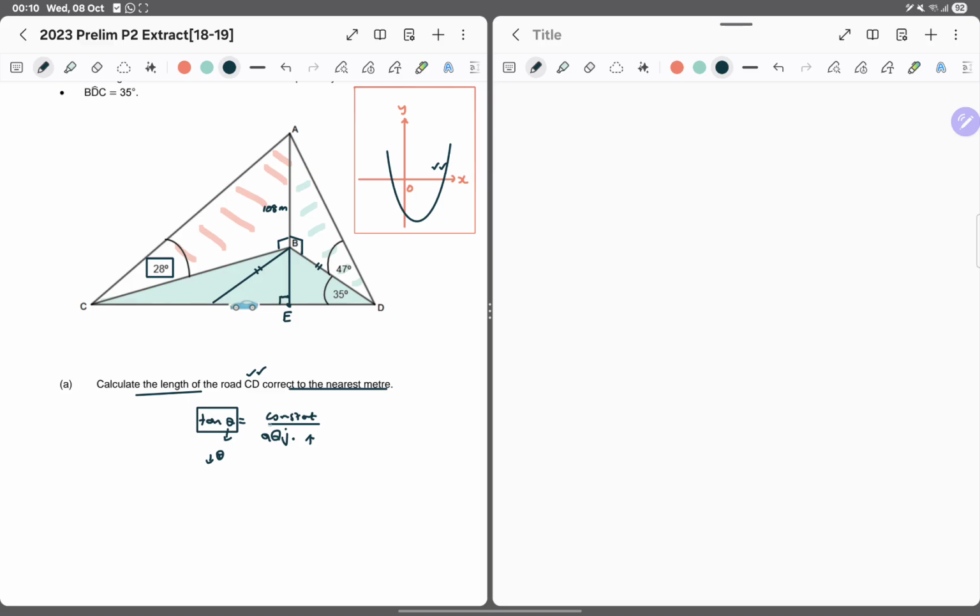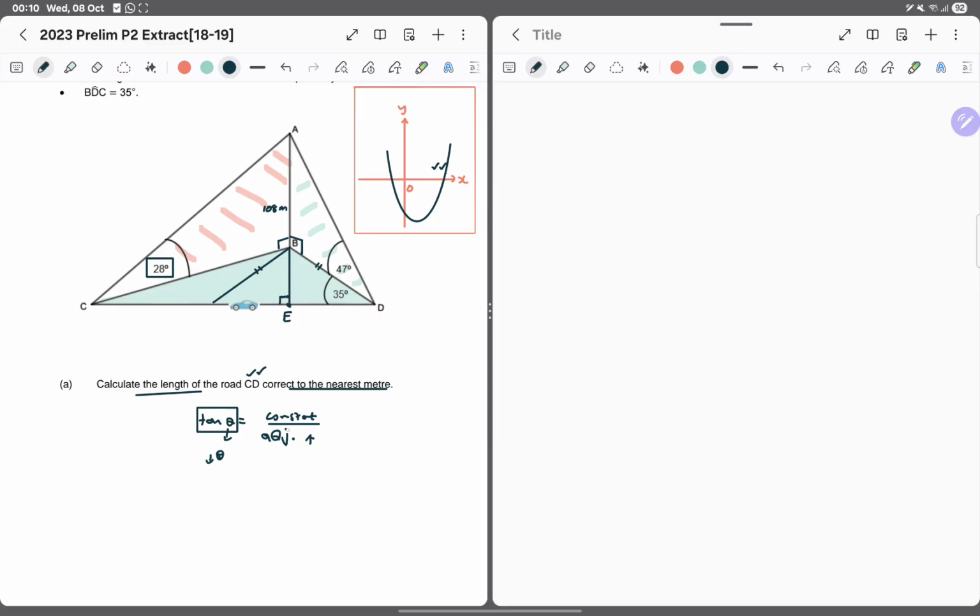But now when we decrease this ratio, what happens to theta? It also decreases, isn't it? So wait, what am I saying? No. When we increase the adjacent, this ratio decreases as a whole. When it decreases as a whole, theta also decreases.